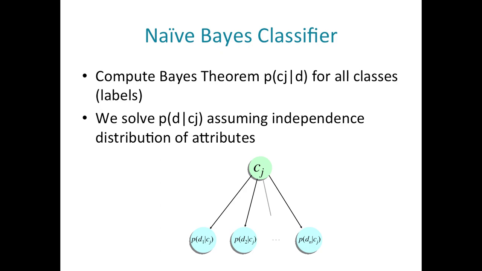To solve that, we can apply the chain rule, but in the specific case of Naive Bayes, we can also assume independence of those features, and so this probability becomes much easier to solve because it can just be solved as a product of this set of independent probabilities. The core of a Naive Bayes classifier is just a table containing these different independent probabilities for each of the classes and sets of features that we have.